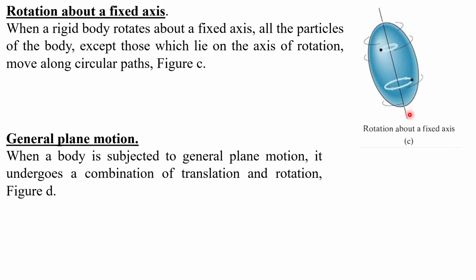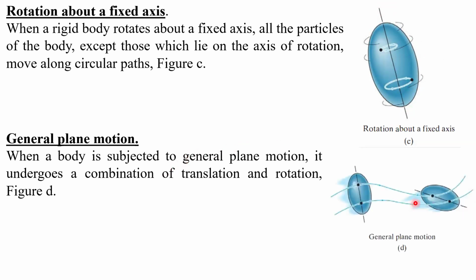General plane motion. So when a body is subjected to general plane motion, it undergoes a combination of translation and rotation, as shown in figure D. So there, the paths of those points are neither parallel nor curved.